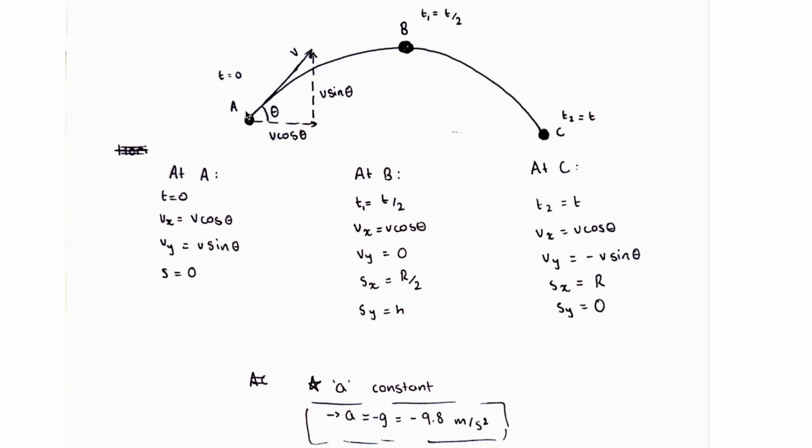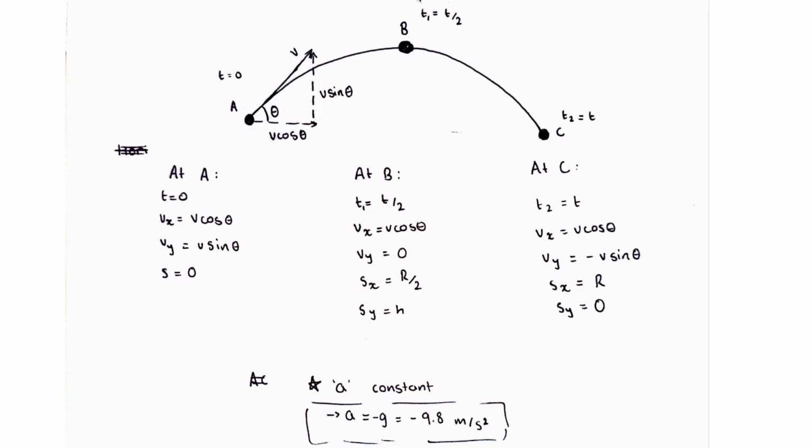Now, what we need to know is how each varies at each point. So at A, t will be 0, and the vx, or the horizontal velocity, will be v cos theta and vertical velocity will be v sine theta. And displacement, both horizontal and vertical, is 0 at this point, since it's just beginning.